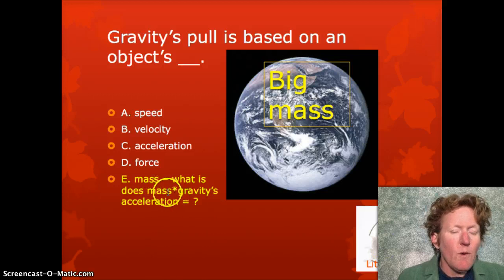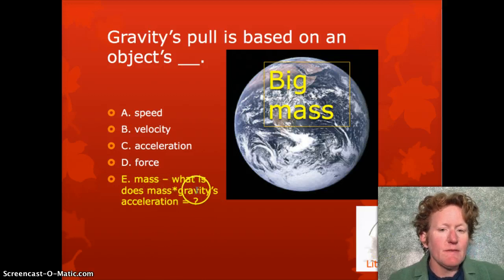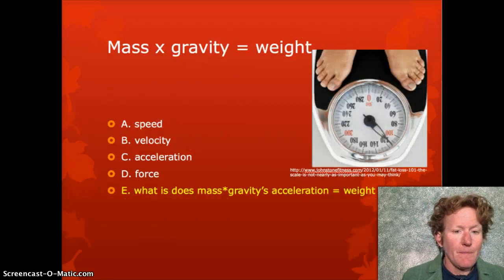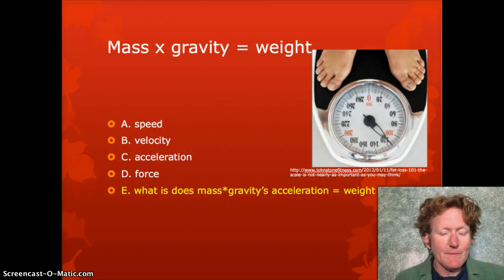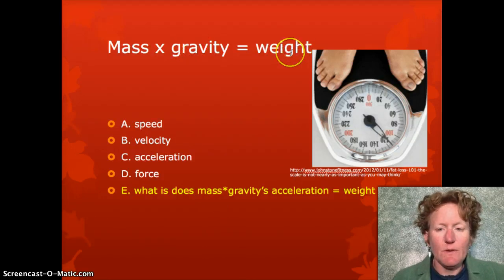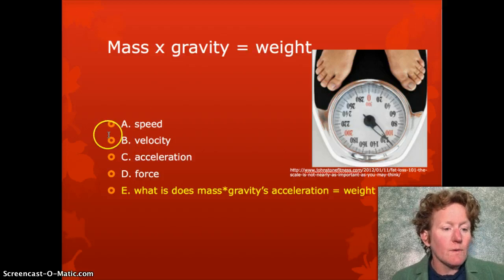What does mass times gravity's acceleration, assuming we're on planet Earth, or a planet in general? Mass times gravity is going to equal your weight. Now your weight will change if you go to a planet with different gravity. Your mass won't.